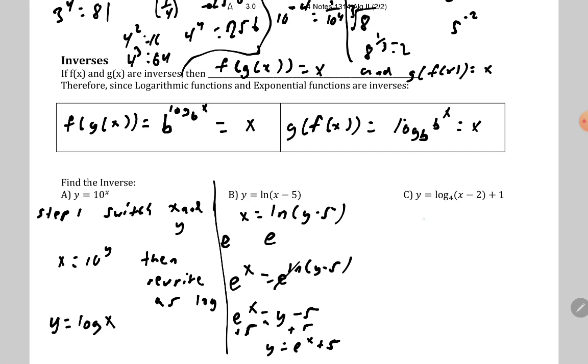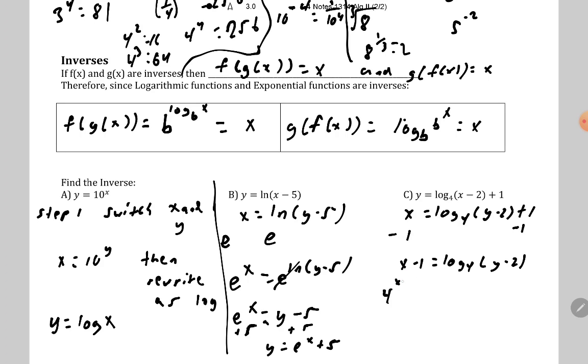And if I'm doing log base 4, okay, first off, switch x and y. So x equals log base 4 of y minus 2, plus 1. First thing I'm going to do is try to get y by itself, so I'm going to subtract the 1 over, because that's not included with the log. So I have x minus 1 equals log base 4 of y minus 2. The inverse of log base 4 is raising everything to the exponent, with my base being 4.